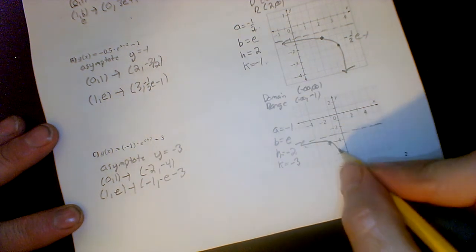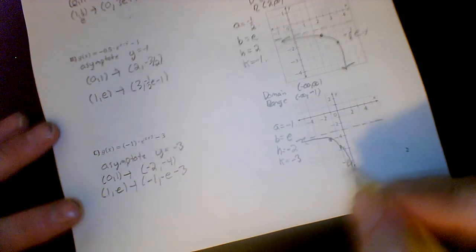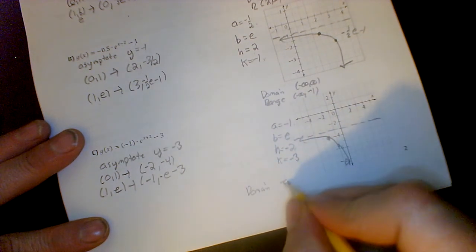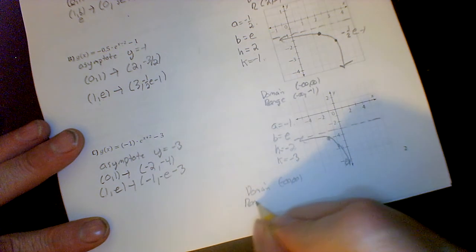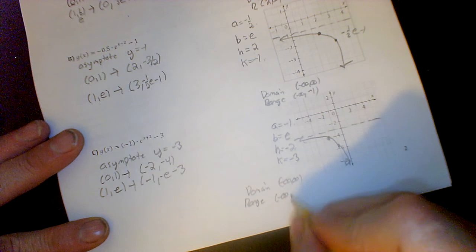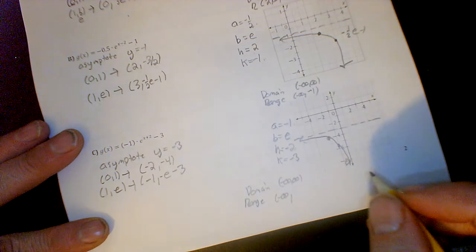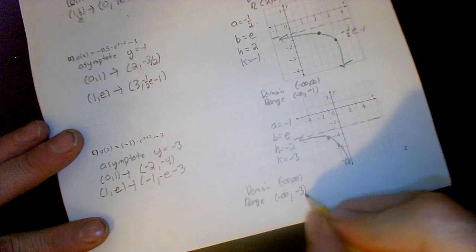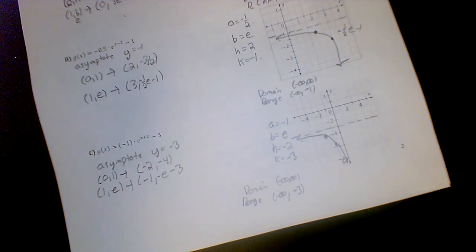And I plot, and I am done. Let me get domain and range. Domain, negative infinity to infinity, always with the domain. Range, it goes down to negative infinity, and it stops about, did I put that on there? I think I might have. No, it's negative 3. Negative 3, we're good. So there it is, second page.